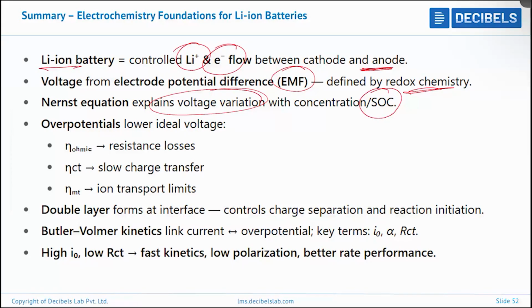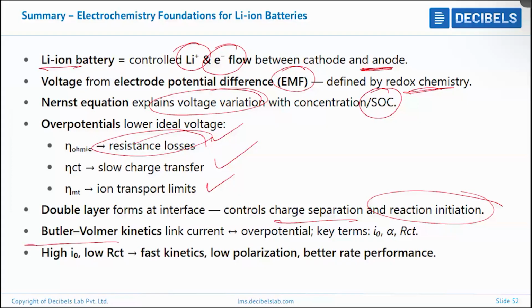And we have discussed overpotential. The ohmic potential, the resistance loss, is actually a physical phenomenon, and then the charge transfer, the Butler-Volmer equation, and mass transfer, which is with respect to the lithium-ion movement, concentration and the voltage. This is based on the Nernst-Planck equation, and then we have also understood the double layer, the Helmholtz layer, Gouy-Chapman and Stern layer, which controls the charge separation and also the reaction initiation.